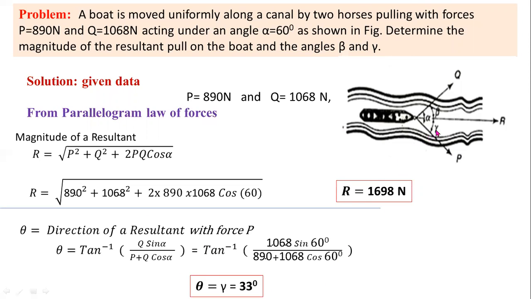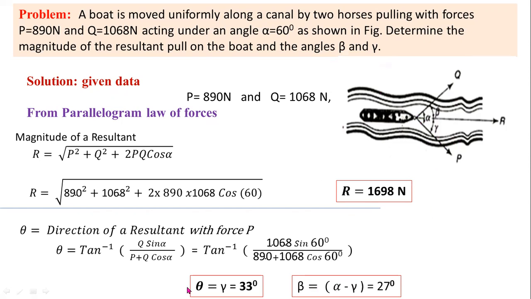Now the total angle between the P and Q forces equals 60 degrees. So alpha equals beta plus gamma, equal to 60 degrees. From this equation we can get the value of beta: beta equals total angle alpha minus gamma.